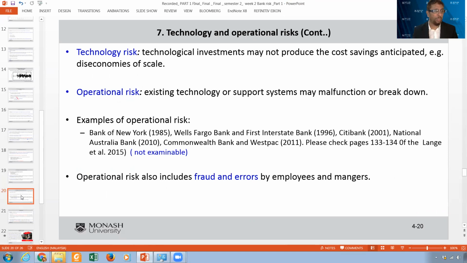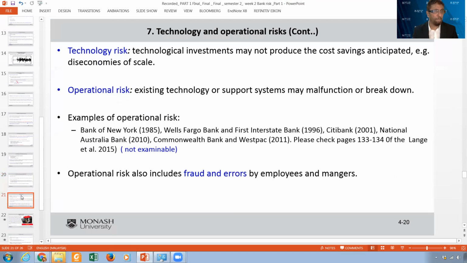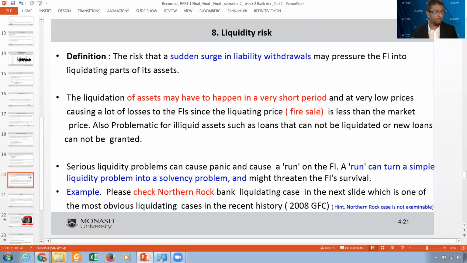Now let me go to another one, which is liquidity risk. Liquidity risk is a very interesting issue and one of the most important risks in banks. When we talk about liquidity risk, it's the unexpected withdrawal of your deposits.